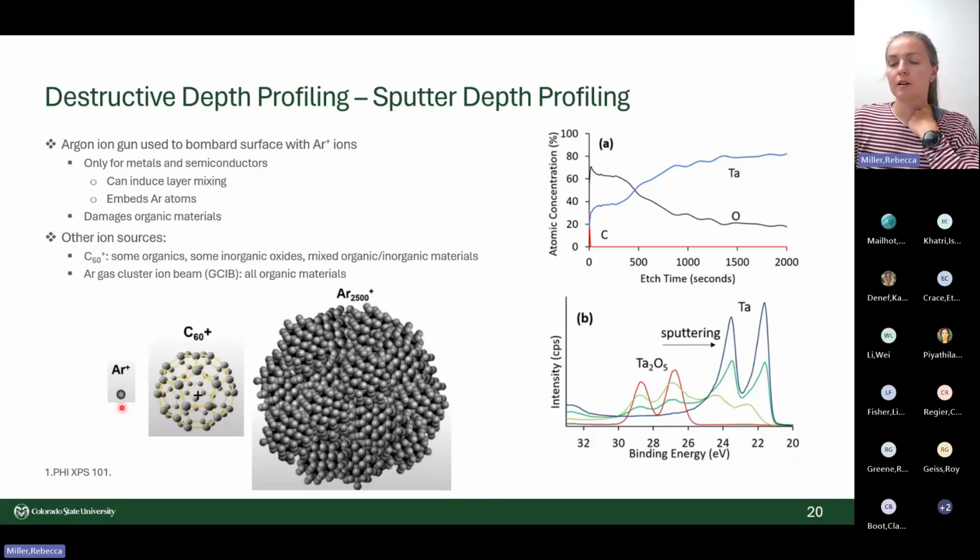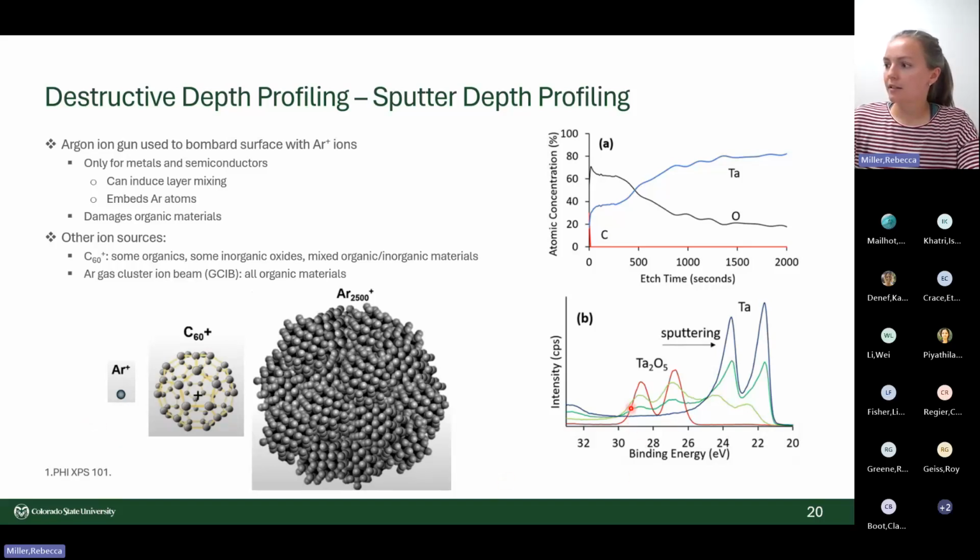These argon atoms are destructive, so we can only sputter inorganic materials. And even then, there's risk of layer mixing, damage to the sample, changing the chemistry of your sample. So you have to keep that in mind when you're sputtering, measuring, and coming up with a sputter depth profile.